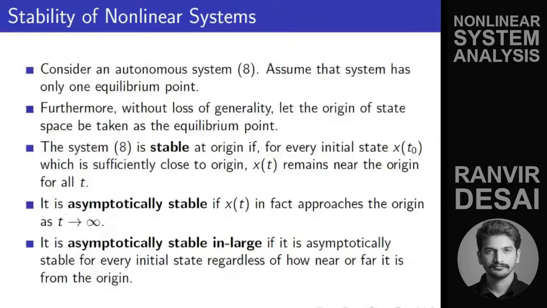So 1 minute has passed. Is it done? Yes. Just these three definitions you need to write. The system is stable at origin if it is asymptotically stable in large. This "in large" word is important. In large, asymptotically, and only stable. So I think 1, 2, 3 is done.